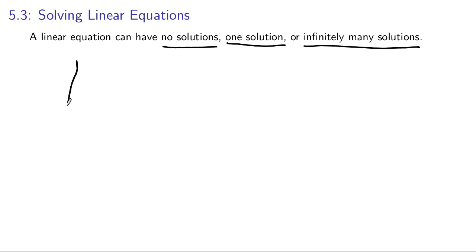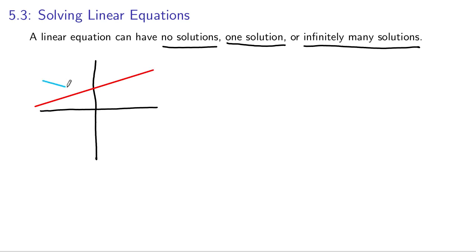And if we think of the graph in each of these cases of the line, in the case where there's one solution, if we have two lines, we'll have one line going this way, and we'll have a second line going some other way. And where those lines cross, where they intersect, is the one solution.